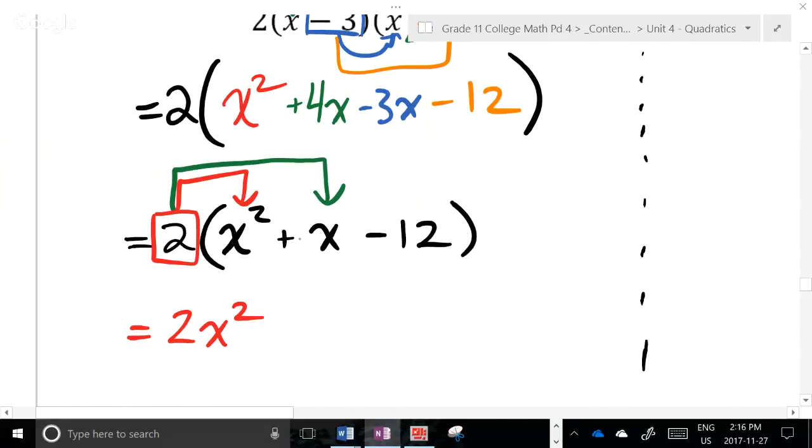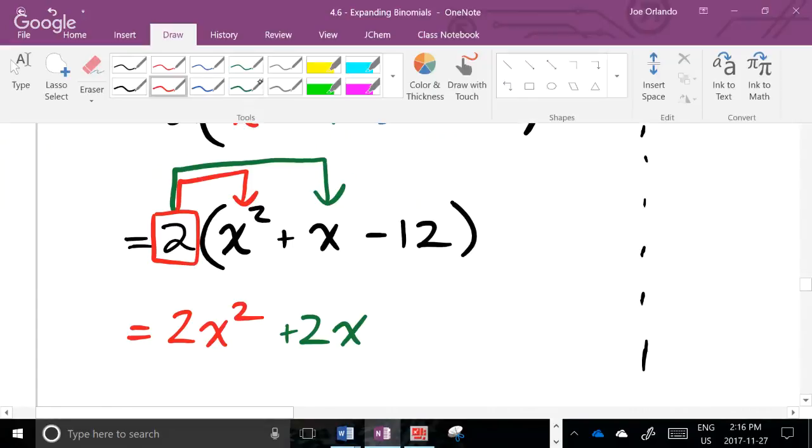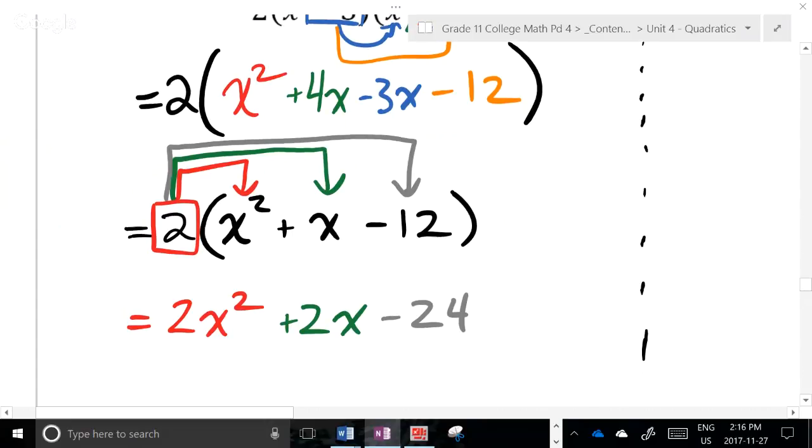Very good. And lastly, I need another color. Gray it is. And 2 times negative 12 is negative 24. Okay. And that would be the final answer there.